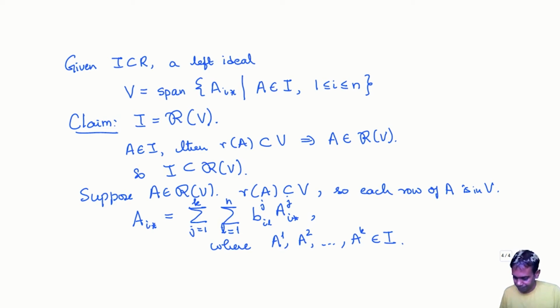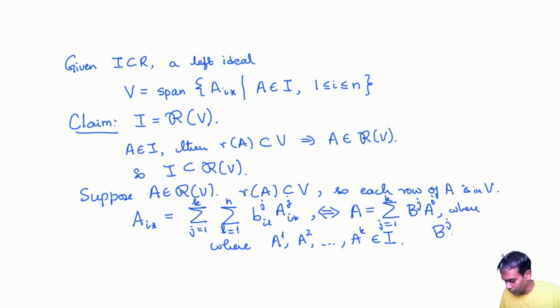Okay, but if you think about what this means, this is the same as saying that A itself is the summation j goes from 1 to k of b_j A_j, where b_j is the matrix whose ith entry is b_jil.